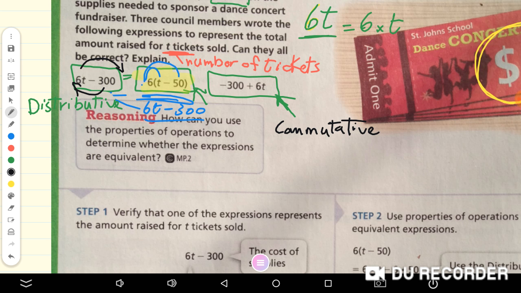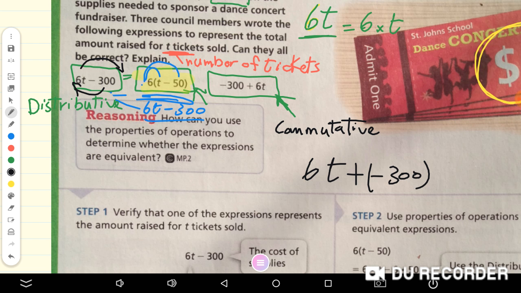What else? Actually, I can write it using the additive inverse. How? Who can say it using the additive inverse? I'll give you 30 seconds. Actually, it will be 6t plus, as I told you before, the meaning of minus is adding a negative number, negative 300.